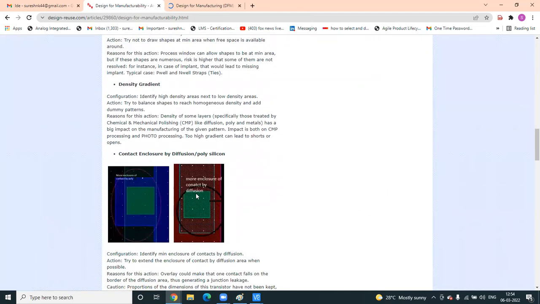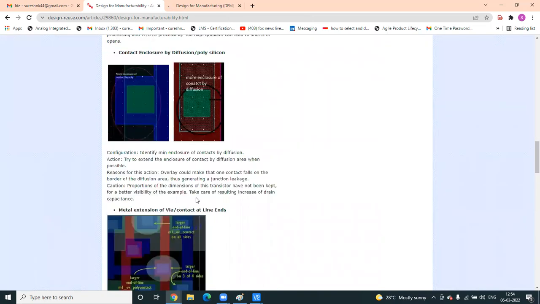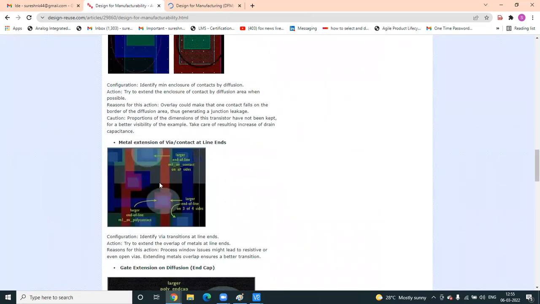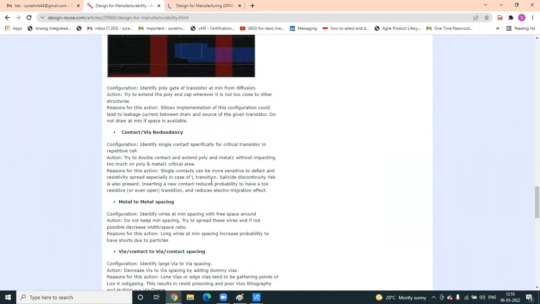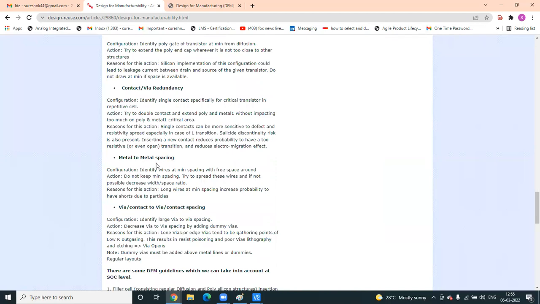This is how I also explain. Metal, via, contact, and then you are not supposed to draw like this, and then metal to metal spacing.